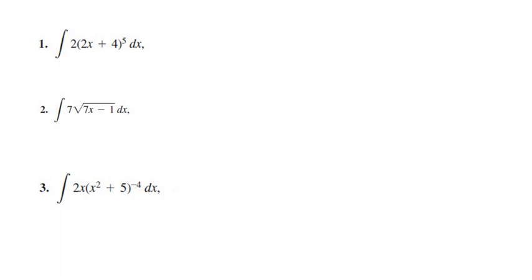So in this question, to convert this to an integral function of u du, if we take u equals 2x plus 4, we know that du over dx is equal to 2. So we can substitute, so that will give us dx equals du over 2.